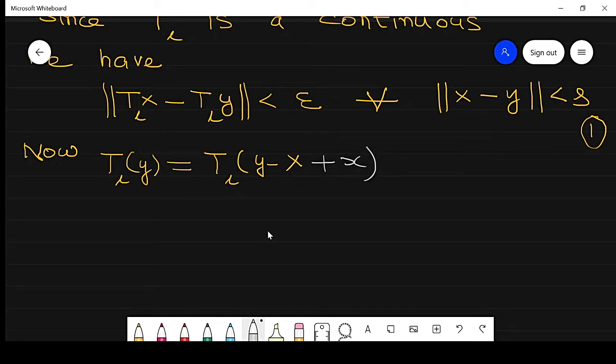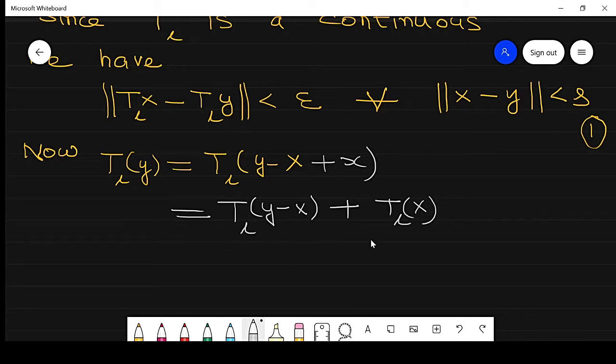Since it is a linear transformation, this can be written as Ti(y minus x) plus Ti(x). It can be written in this way because it is a linear transformation.